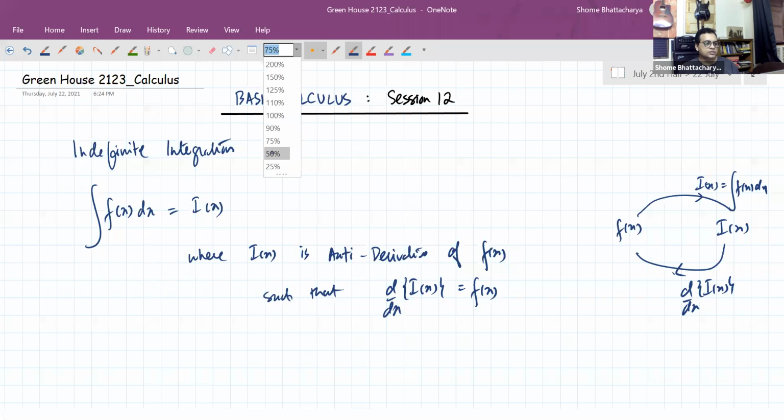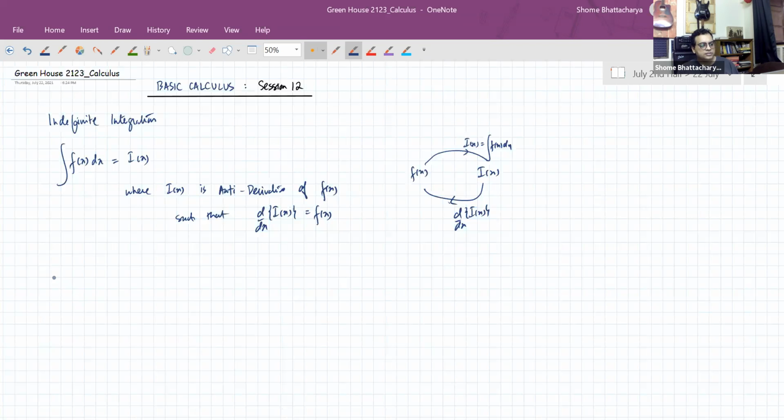Having understood this basic definition, we had then seen the basic formulae of indefinite integration. Today we will first complete that list of formulae.